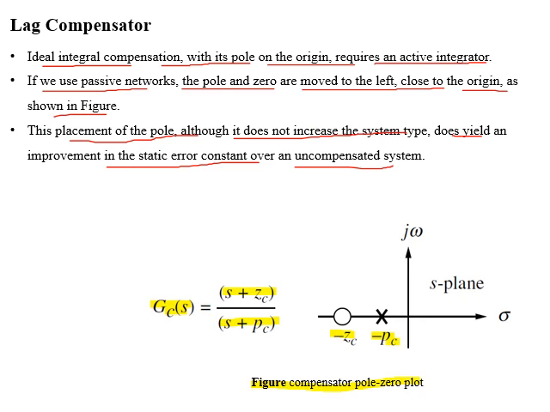And steady state error is improved with respect to that of the uncompensated one. The figure represents the compensator pole and zero which are placed near the origin and the transfer function for the lag controller.